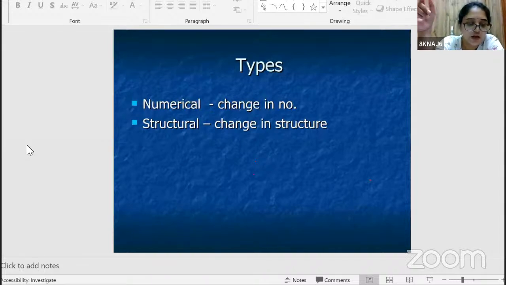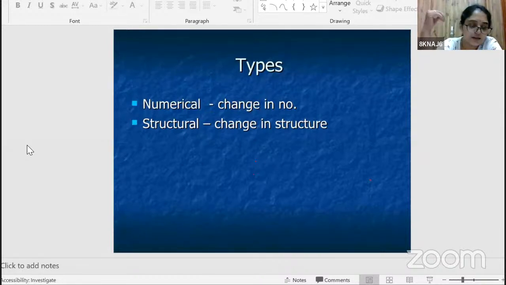46XX T(1;6)(P23;Q21) means it is a female with 46 chromosomes, but there is a translocation between chromosomes 1 and 6, with breakpoints at band P23 on the short arm of chromosome 1 and at band Q21 on the long arm of chromosome 6.